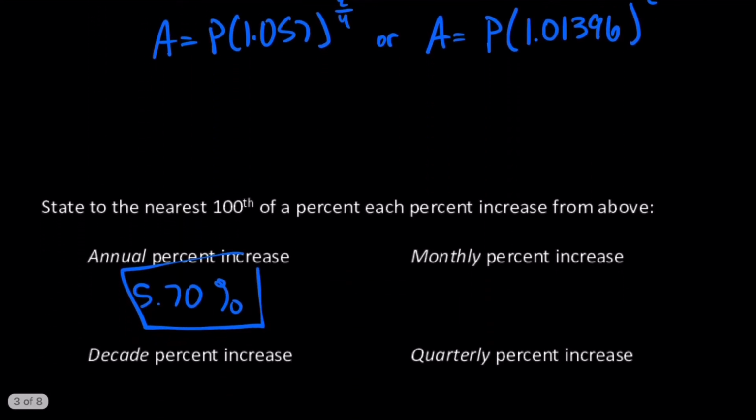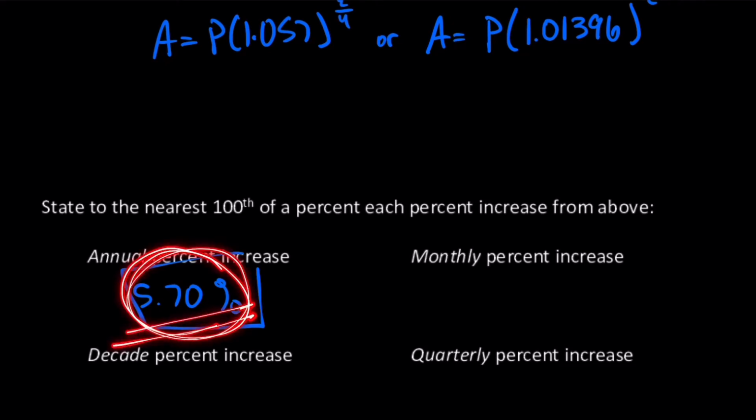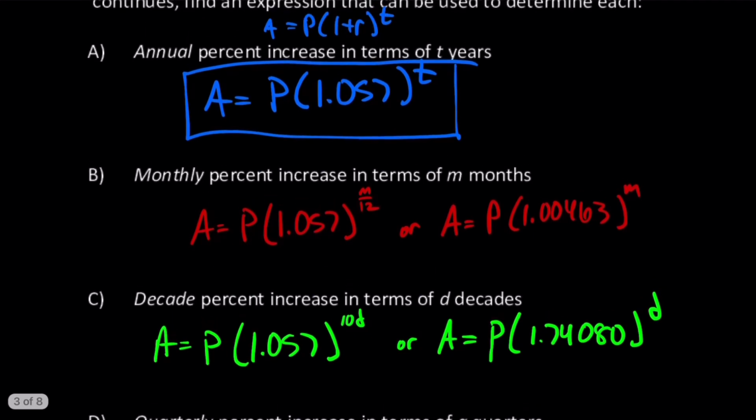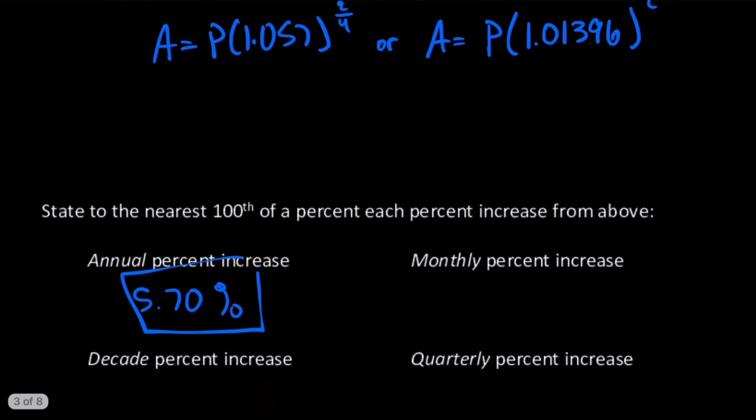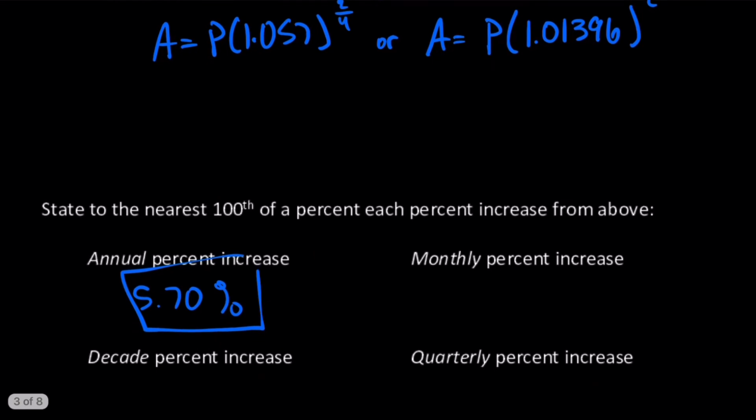Monthly percent increase. Here's where it's critical that you understand. You don't just take this and divide it by 12. It doesn't work that way. You have to go through this process and then take a look at what we have here. So if we move this over 2 places, all right, it looks like it's 0.46. So the monthly percent increase is 0.46% to nearest hundredth.